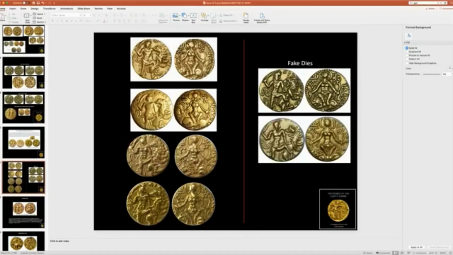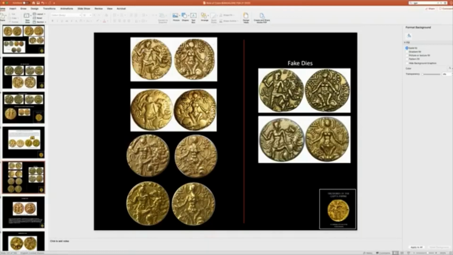The weight is correct. When you analyze the gold content, it is correct. And when you compare it to the actual originals that we know from this style, the script matches, the design of the lion matches, the designs in the back match, the design of the king matches.